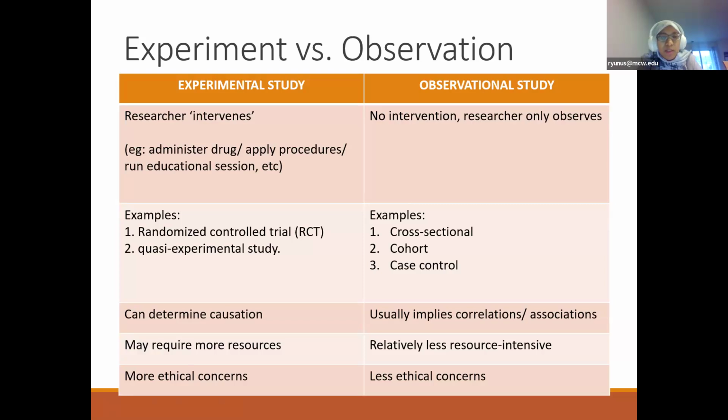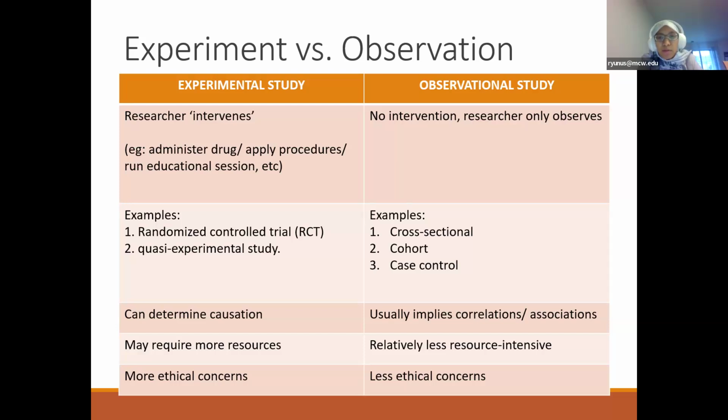Whereas in the experimental study design, you actively intervene, you actively do something, or in other words, you manipulate the independent variable because you want to see the effect on your outcome variable, right? For example, you administer a drug, or you apply certain medical procedures, or maybe you conduct an educational session, and so on.